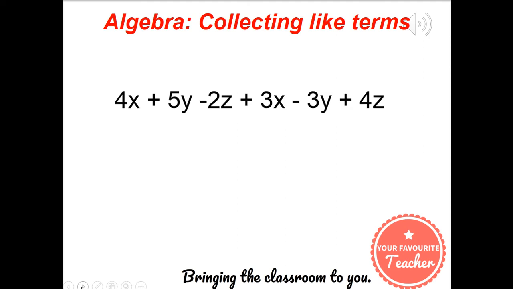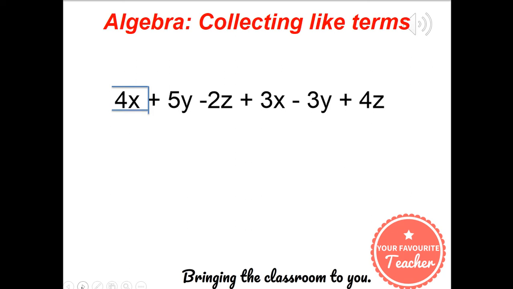So let's take a look at how we're going to collect like terms. When we collect like terms, we're going to combine the same type of term that exists in the expression. So let's start.